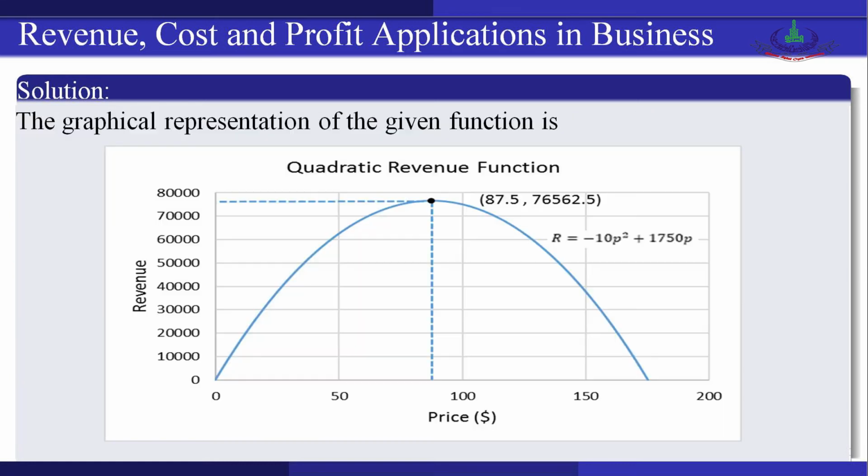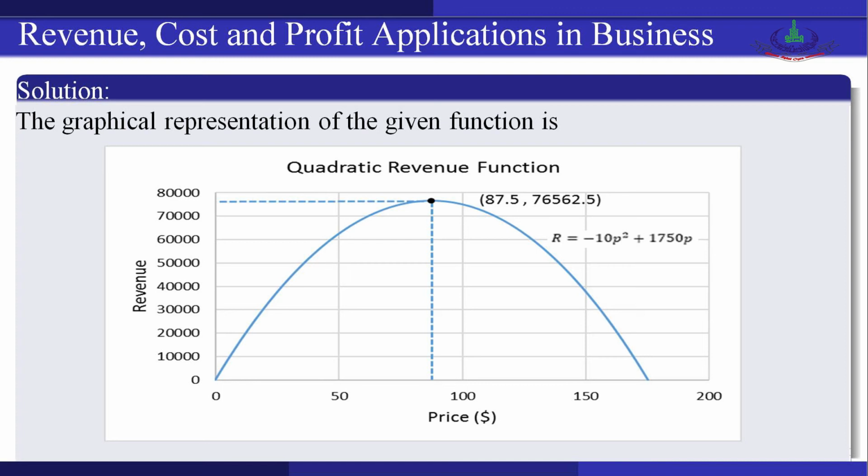Dear students, you can also see the graphical representation of the given function in this graph. On the x-axis, we are taking the price, which is in dollars, and on the y-axis, we are taking the revenue. Therefore, you can see that when the price is 87.5, the revenue is 76,562.5, which is denoted by the dotted lines.